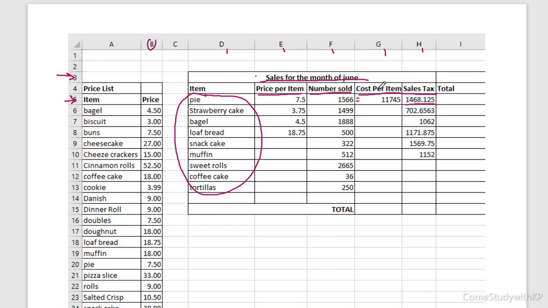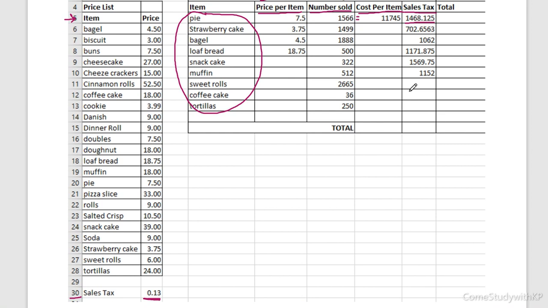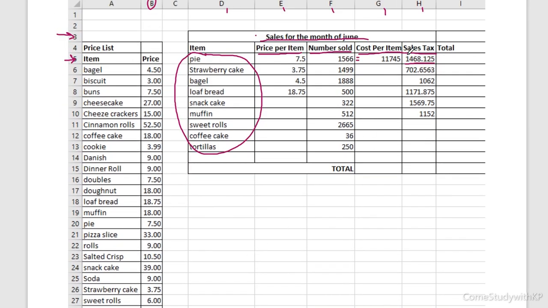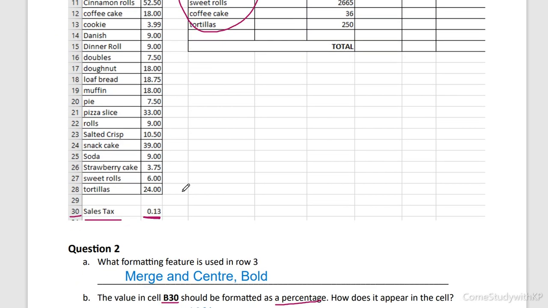So we would now need to multiply the cost per item by a rate, right? What is the tax? So we look at the sheet and we see that sales tax is here in B30, right? So we'll have to get the cost per item times the sales tax.